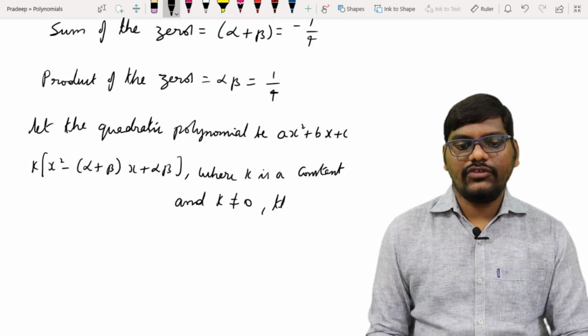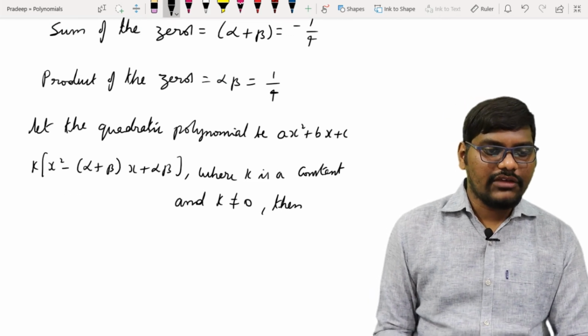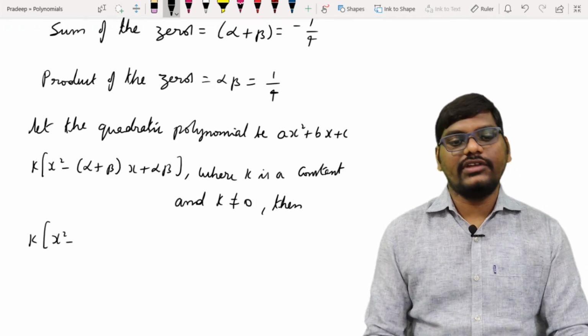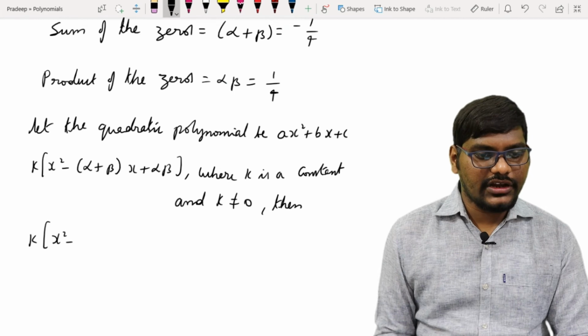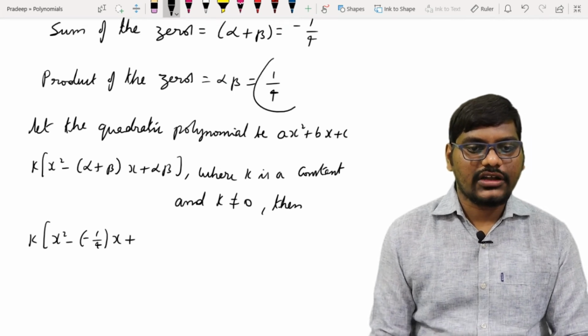Okay, then we'll substitute the sum and product in the above equation. So I can write k into x square minus, what is the sum? They have given it as minus 1 by 4. So I can write minus (minus 1 by 4) x plus the product, 1 by 4.